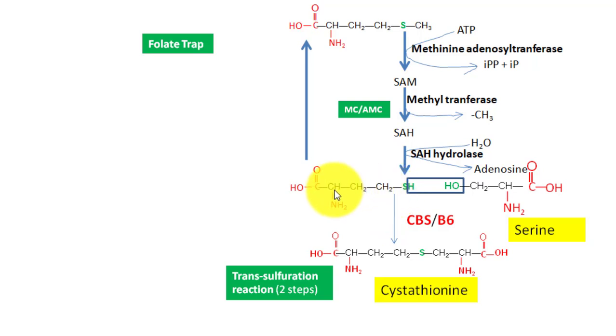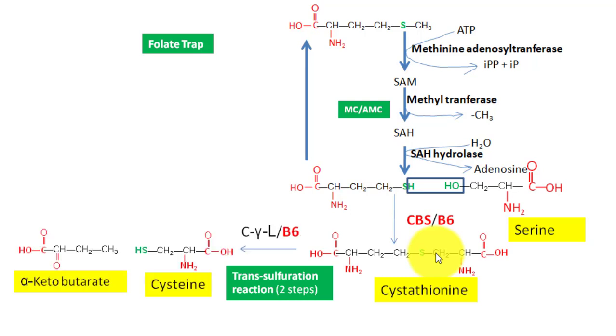Now this enzyme converts homocysteine plus serine into cystathionine, and cystathionine will again convert into some compound. The sulfur group from this will be transferred to serine, and after getting the sulfur group, serine becomes cysteine. This compound will break and cysteine will be formed, and one additional compound is formed, the carbon skeleton of which is derived from homocysteine, ultimately from methionine, and this compound is called alpha ketobutyrate.